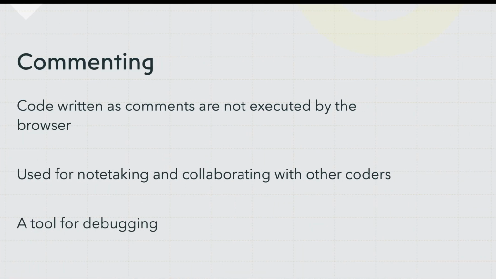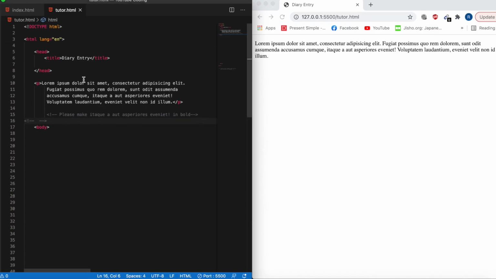In addition to writing notes, once your code gets very long and complicated, you will find bugs in your code. So you can use commenting for debugging, as everything in a comment is not run by the browser. You can check for certain issues in specific sections of your code.